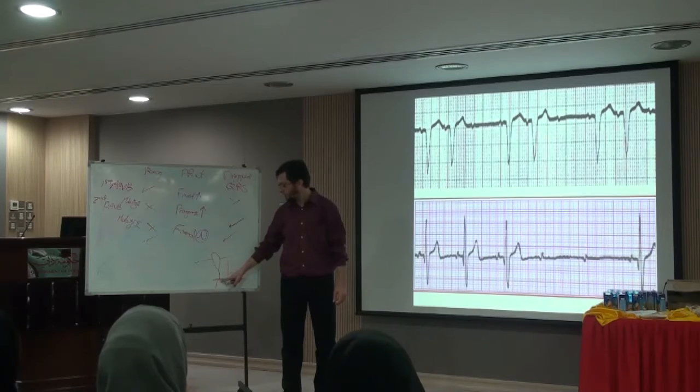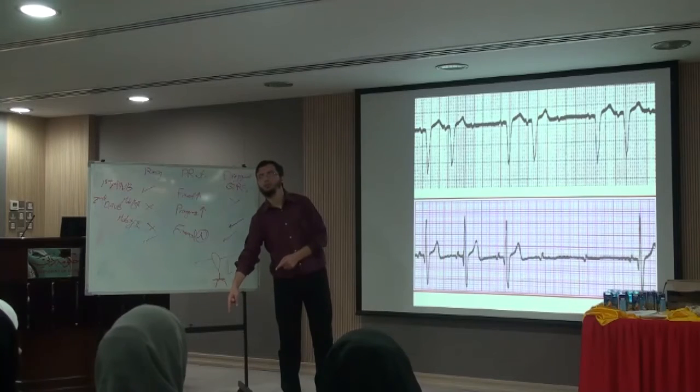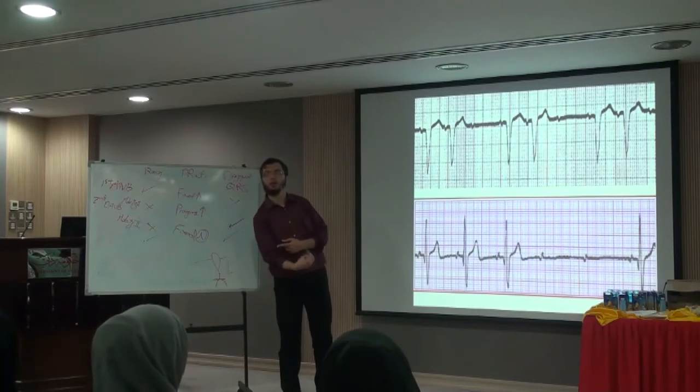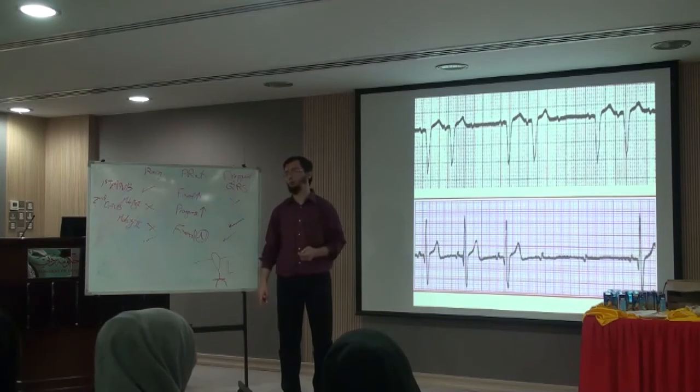If the block is in the distal part of the His bundle, now the focus will come either from the right bundle or the left bundle. So in this case, we call it infrahisian AV block, and because it's going in one bundle, it will activate one side and go to the other ventricle. So one ventricle before the other, you will get a wide complex.